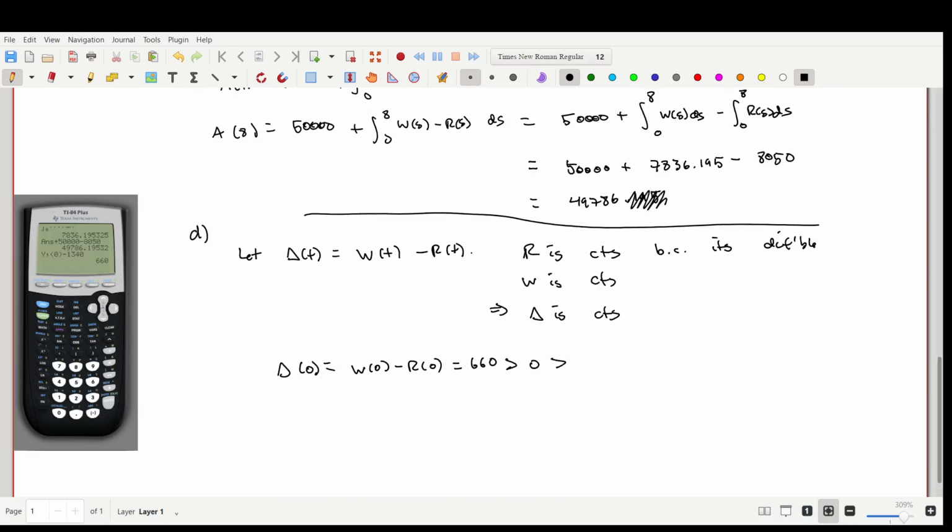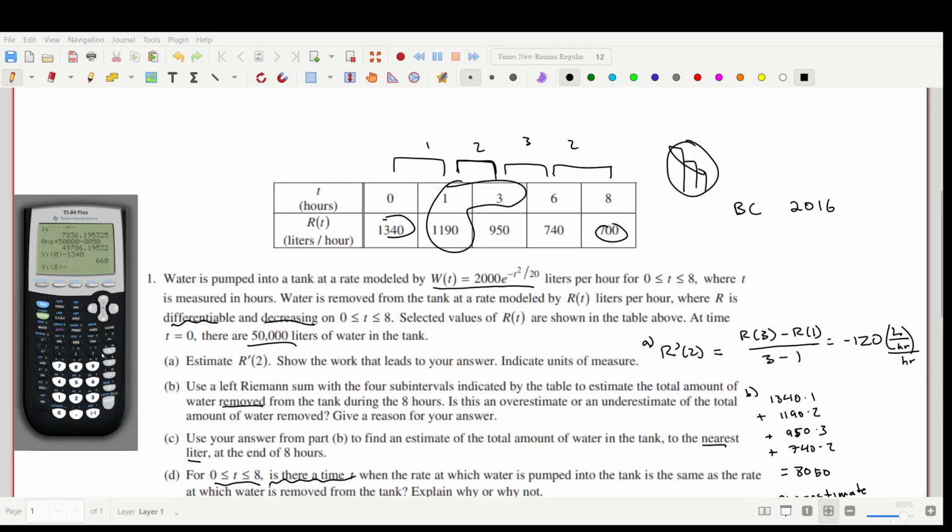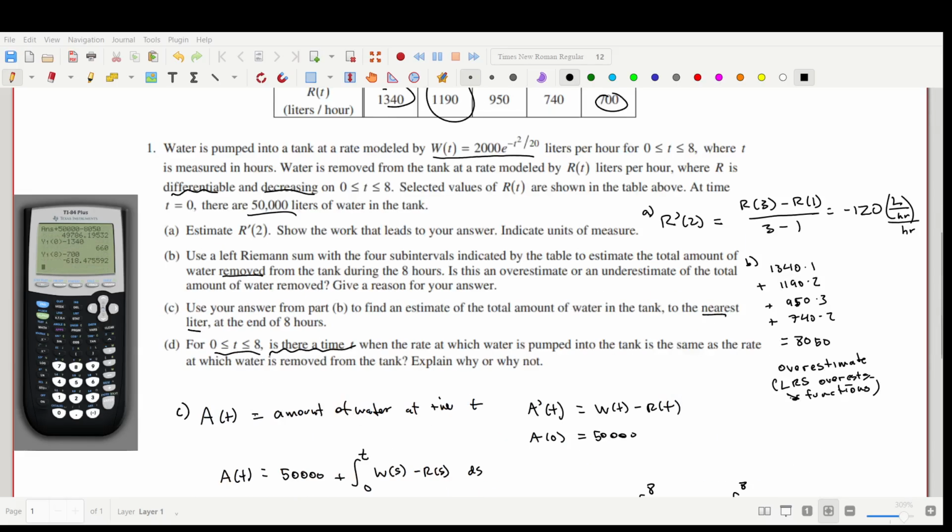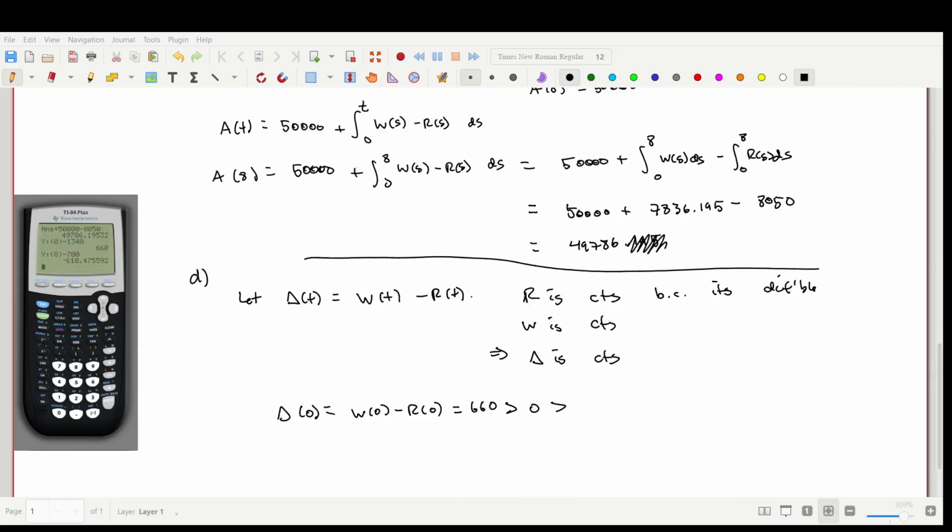Well, what's delta of 8? That would be W of 8 minus R of 8. And that is this guy, which is, I'll just say it's greater than, yeah, W of 8 minus R of 8. There. This inequality, especially the underlined pieces, tell you by IVT, I guess I should say these are all continuous on 0 to 8.